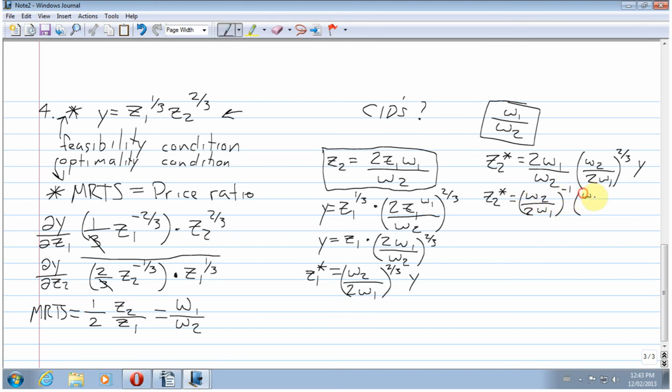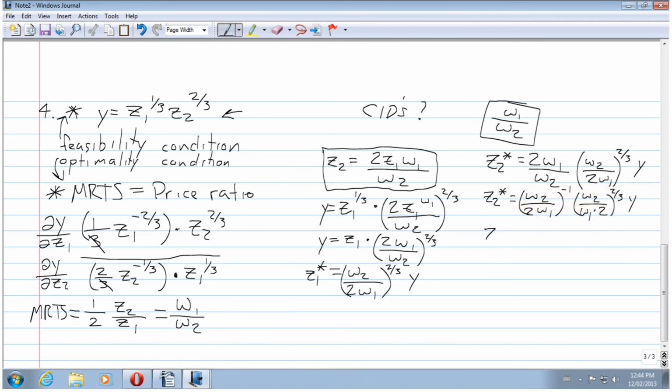And again, this is just one way to solve this. There's a bunch of different ways to do it. This happens to be the easiest way as far as I can tell. It's w1 times 2 to the 2/3 times y, which means that I have similar bases.